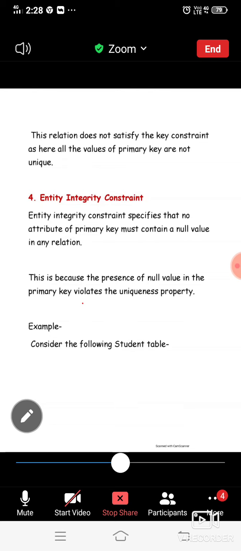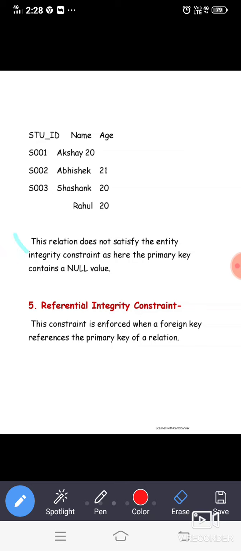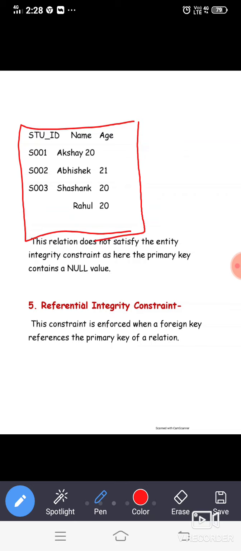After the key constraints, we have the entity integrity constraint. What is meant by entity integrity? We are taking a wrong example here, an invalid example you can say. Here the primary key value is not there, so I am not mentioning any value for the primary key.